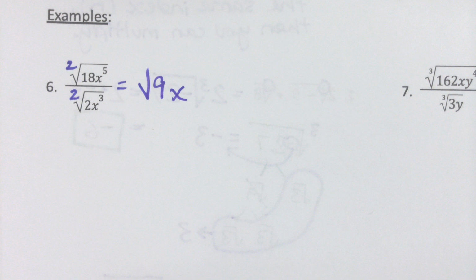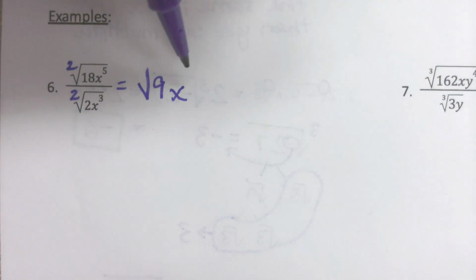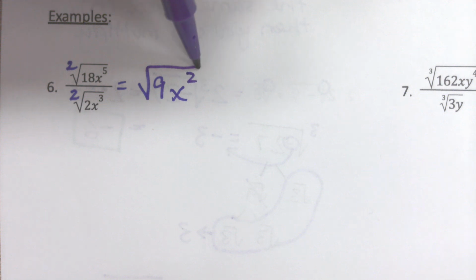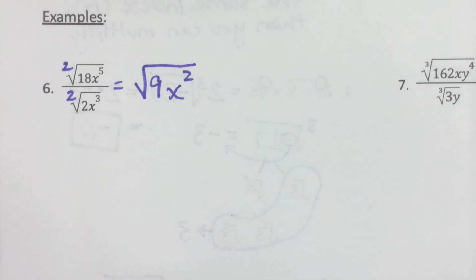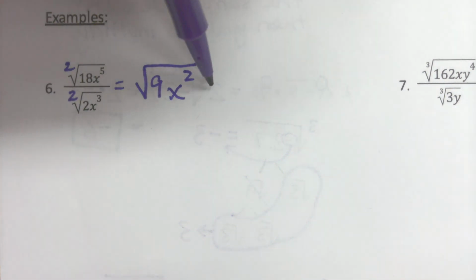Is that 2? Yes, x squared. So if you multiply, you're actually adding the exponents. If you divide, you're just subtracting the exponents. It works a similar way. We're not actually going to do 5 divided by 3. No one wants to do that. 9x squared is what we're left with. This is going to be a very nice answer.